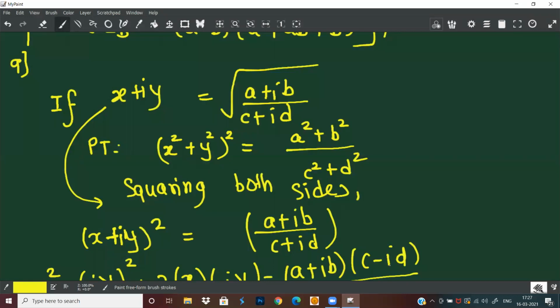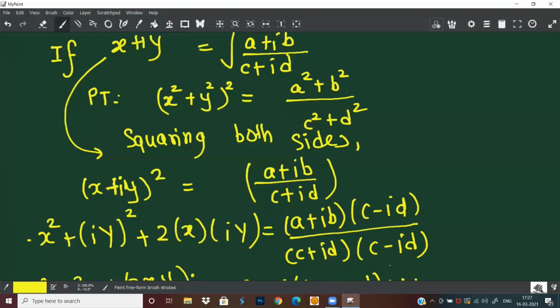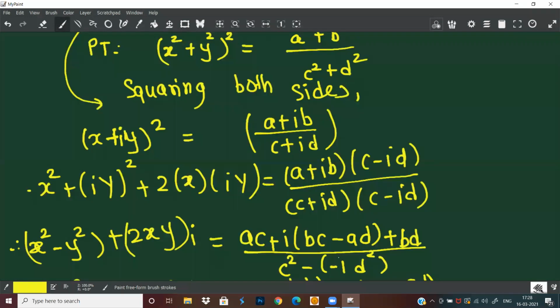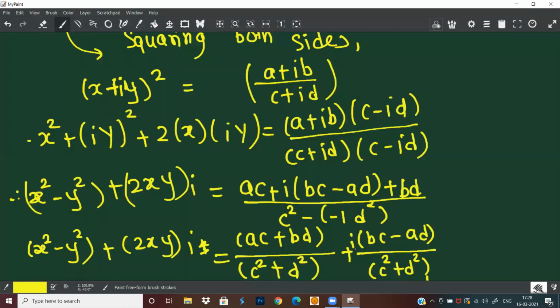So what is given, I squared both sides. So a square plus b square plus 2ab, rationalized top and bottom. Then i square is -1, so this became my minus y square. I took the product of both. Then I separated real parts, imaginary parts. Do you want zoom in? One minute.